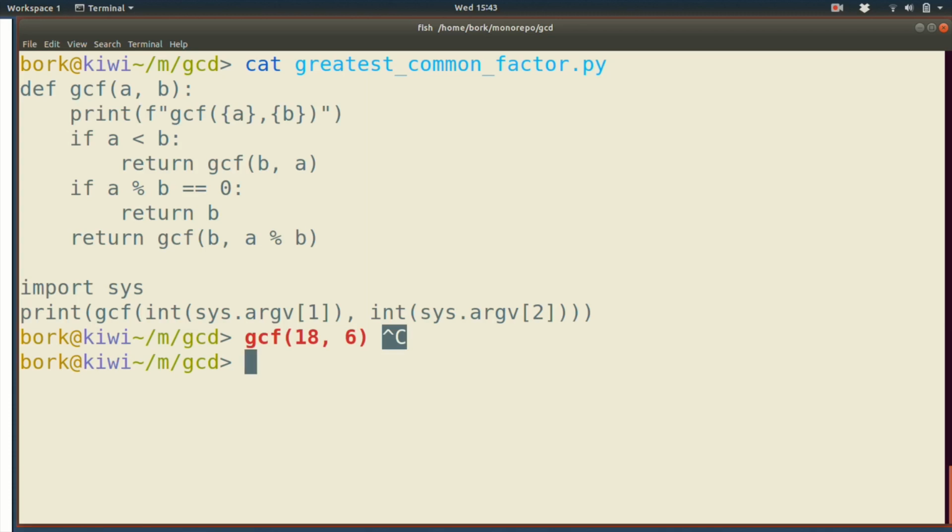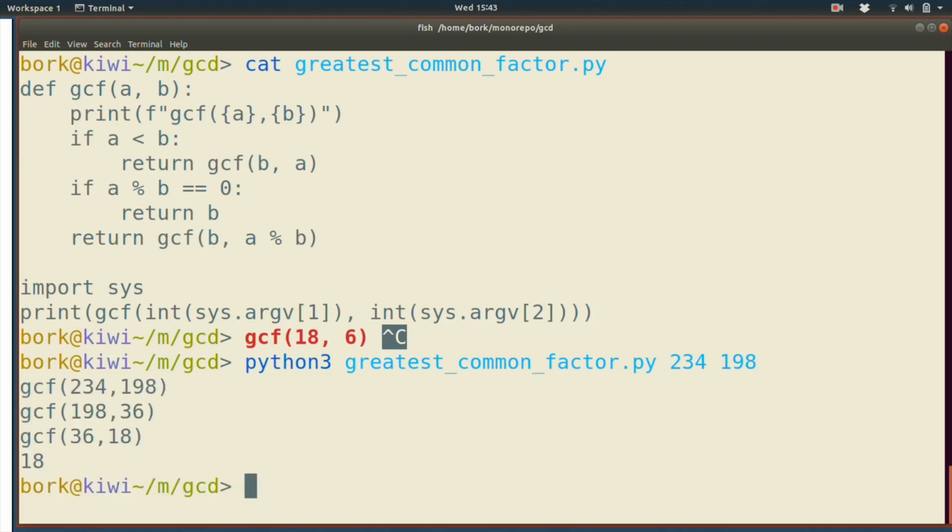And I think to understand what's happening, it's easier to look at an example. So we're going to run this greatest common factor.py on the numbers 234 and 198. And the greatest common factor of these two numbers is 18. We can check that this is true in practice.